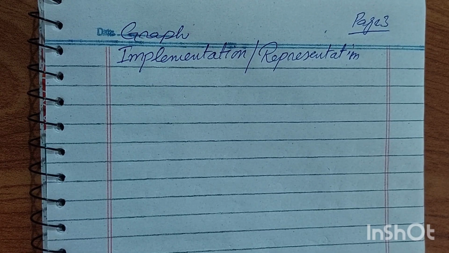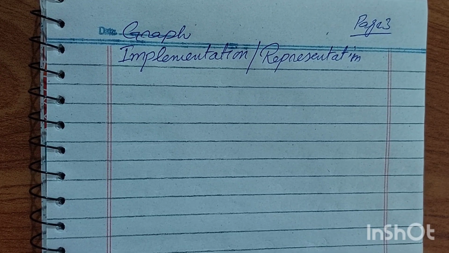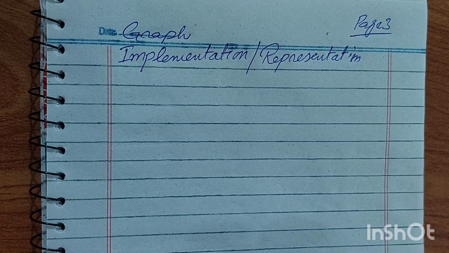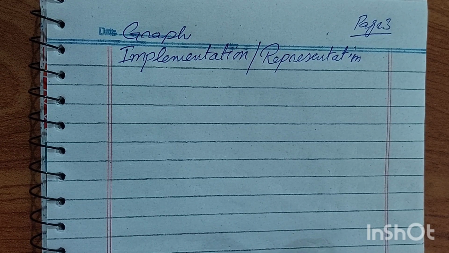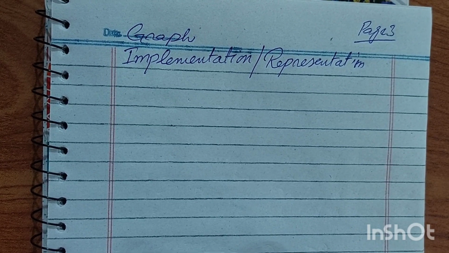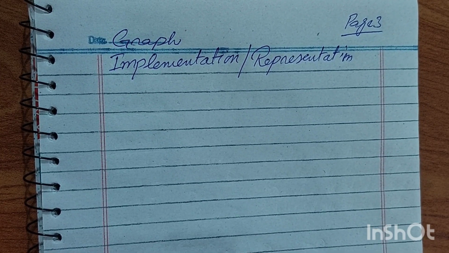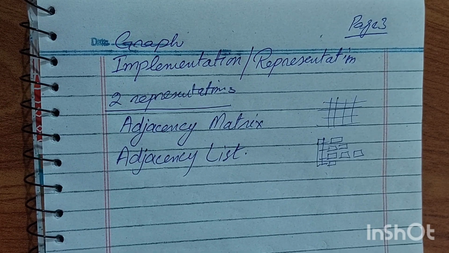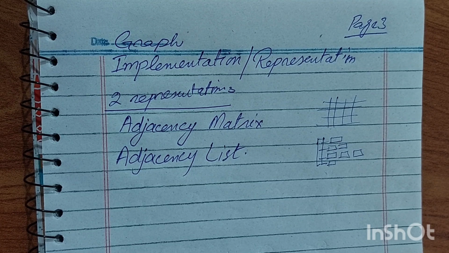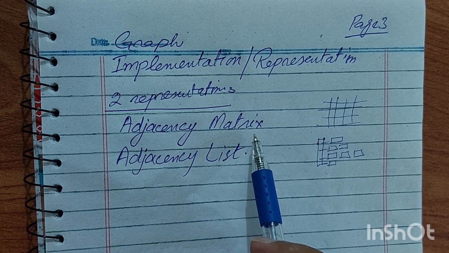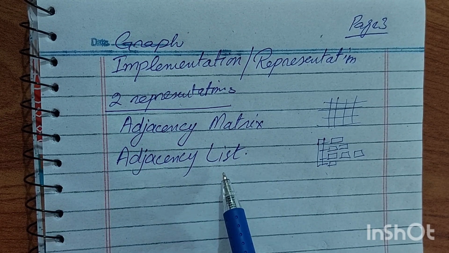Now let's discuss the implementation and the representation of a graph in a computer, because what we have already discussed are just mental pictures of the graph. We have to understand how we can store our graph. Basically, there are two implementations or representations of a graph in a computer. One is called adjacency matrix representation, and the other one is adjacency list.